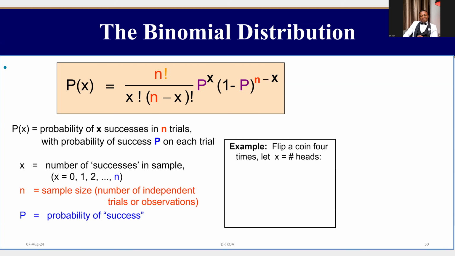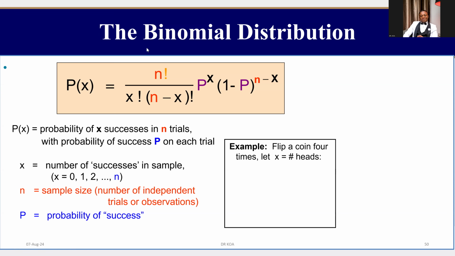Now, anytime you have a situation like this, first you have to determine under what circumstances it is a binomial question. Because when you have a Poisson, which we shall come to, or a normal distribution, you have to distinguish them from binomial. So what makes this a binomial situation?